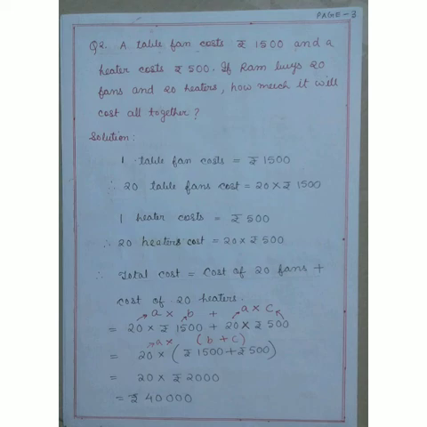I can write it as 20 into, within bracket, rupees 1500 plus rupees 500, using the distributive property. Rupees 1500 and rupees 500 will give you rupees 2000. 20 into rupees 2000 is equal to 40,000. So your answer is rupees 40,000.